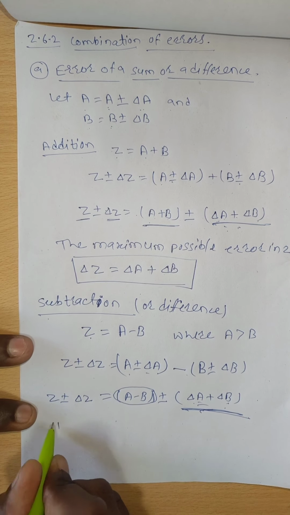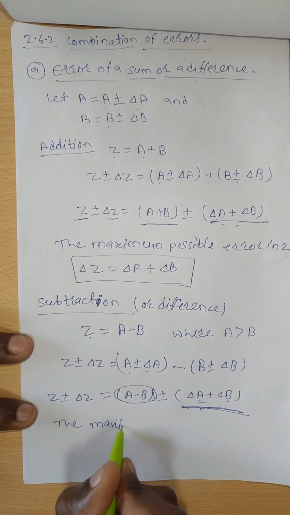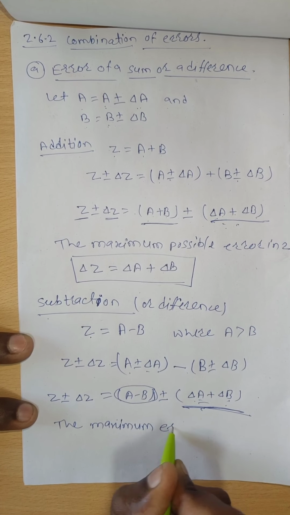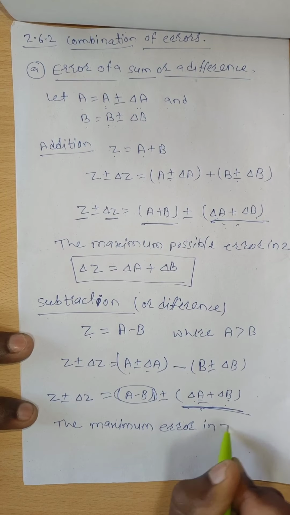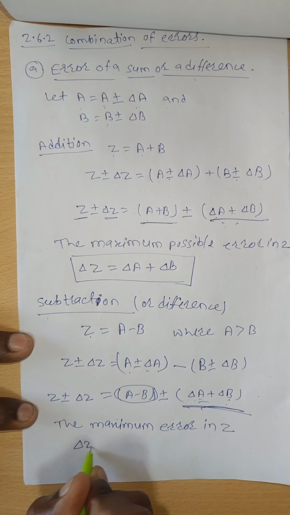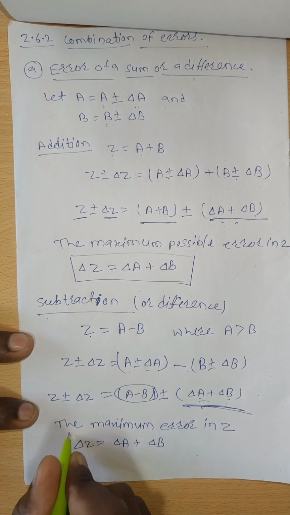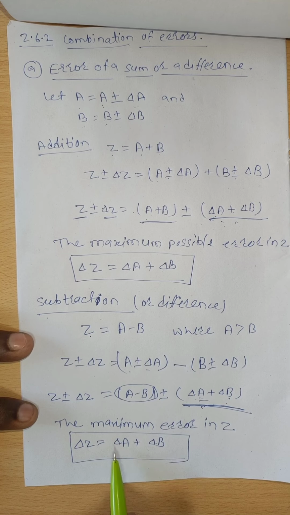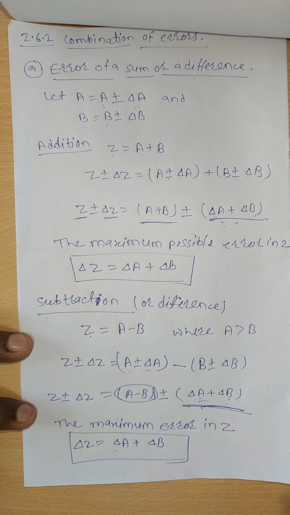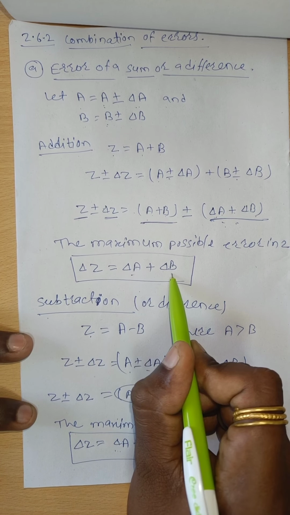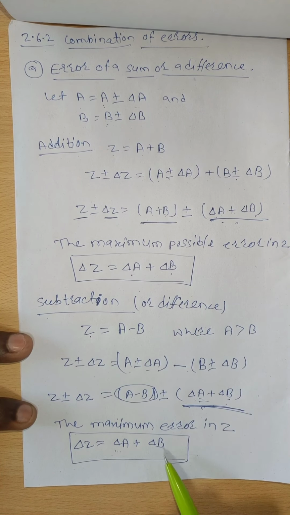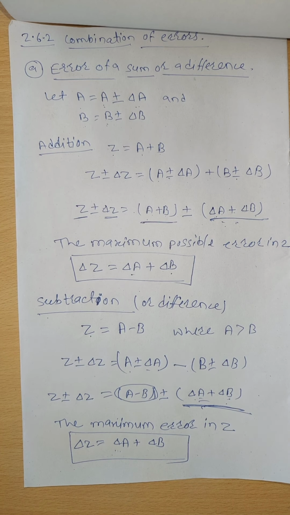The maximum error in Z in subtraction is delta Z equal to delta A plus delta B. In subtraction we always add their errors. The maximum possible error is the error of A plus the error of B. In addition you add their errors, and in subtraction also you add their individual errors.